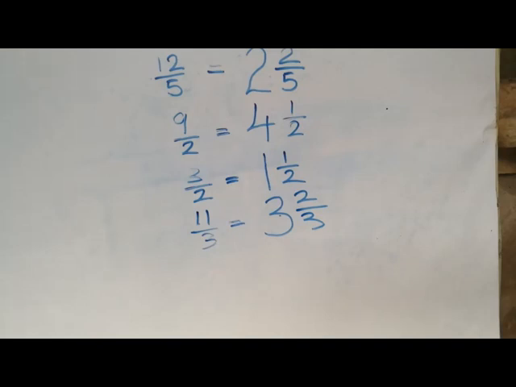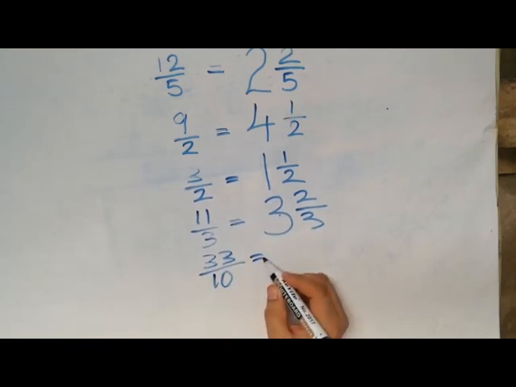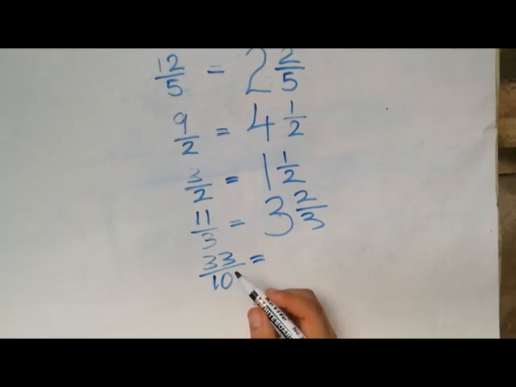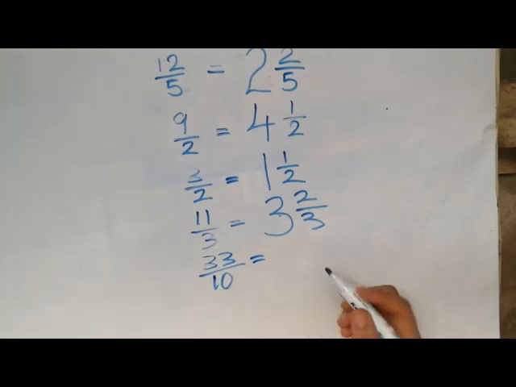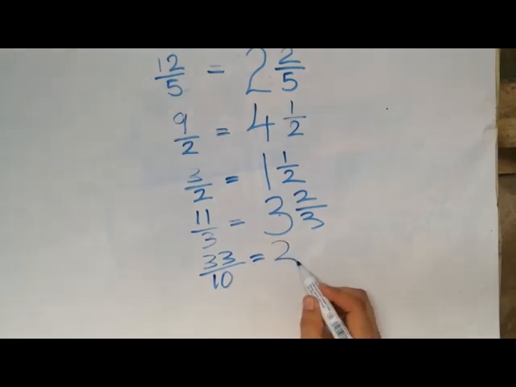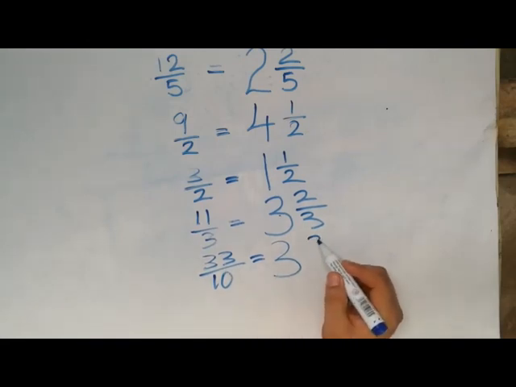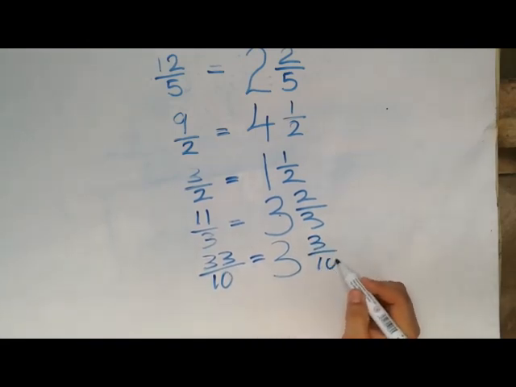Let's take one or two more examples. 33 over 10. 10 into 33. You know you have 30. 10 into 30 will give you 3. So you have 3 whole number. It remains 3 over 10.